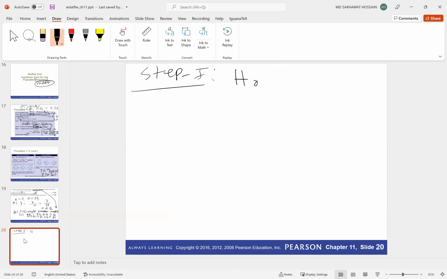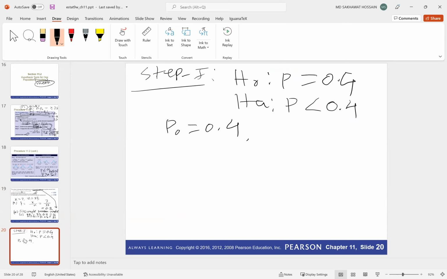The null hypothesis is p equals 0.4 and the alternative is the proportion is less than 0.4. Here p0 is 0.4. This is a left-tailed test, right?